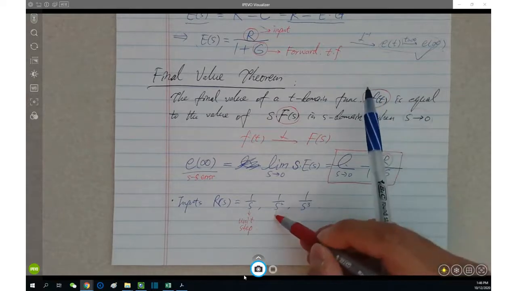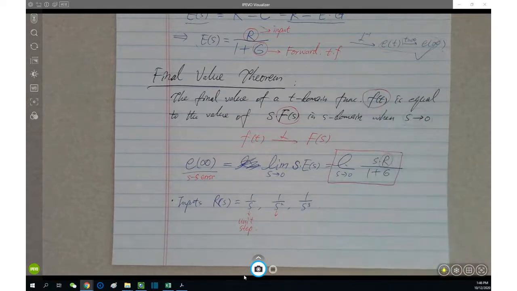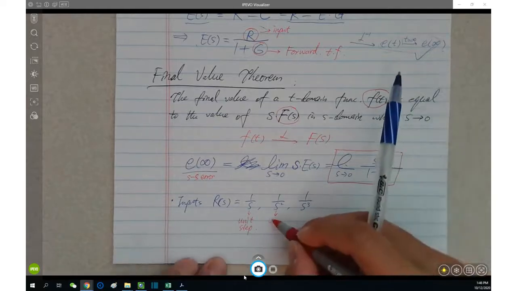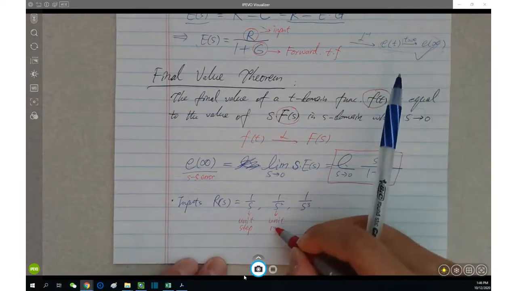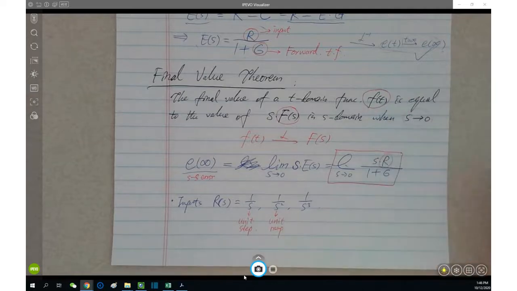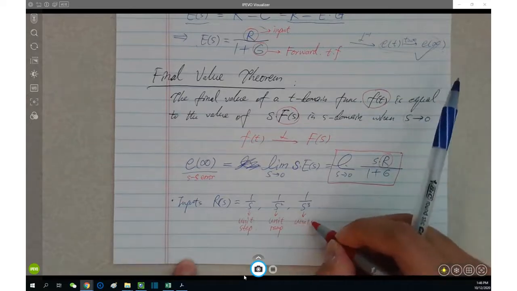Who is this? What is it? This guy is the unit ramp. And who is this? Unit parabolic.